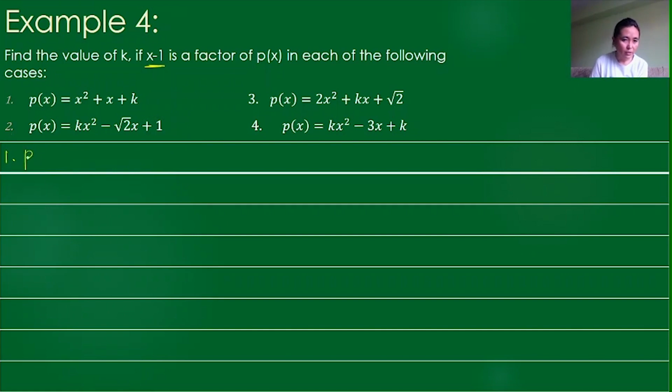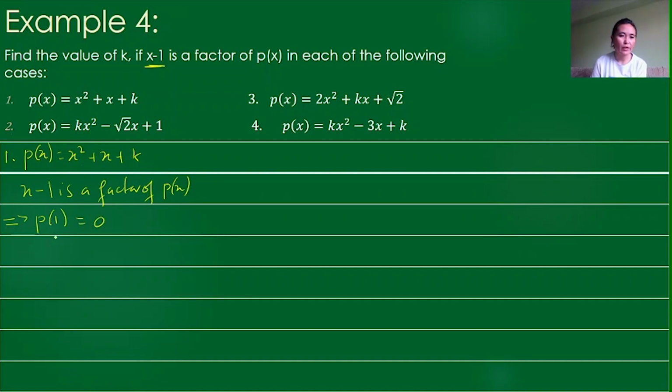Okay, now here given p(x) is equal to x^2 + x + k. Now it is given that x - 1 is a factor of p(x). So this implies that p(1) is equal to 0. So we'll find p(1).